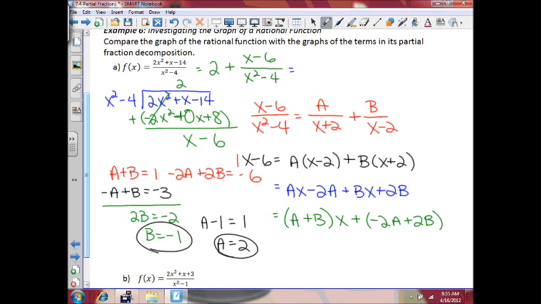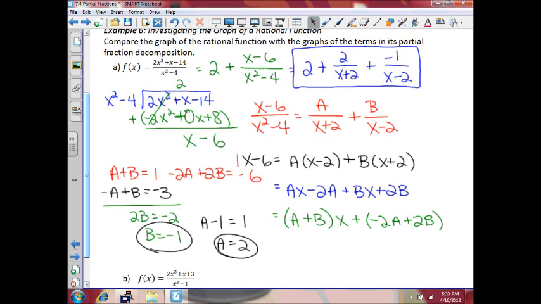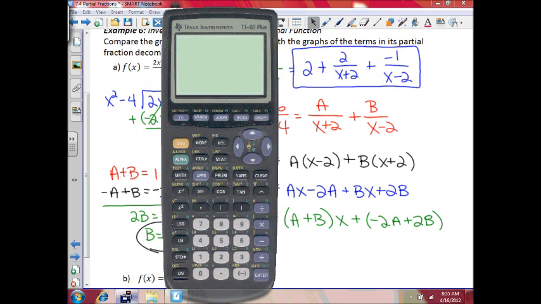Which means this function will be 2 plus 2 over (x plus 2) plus negative 1 over (x minus 2). Now we can check this in our calculators as follows.